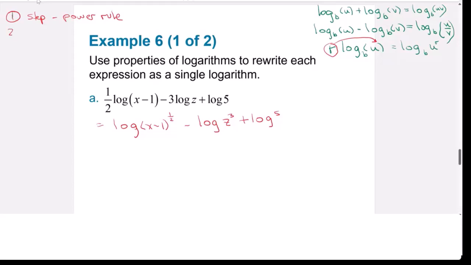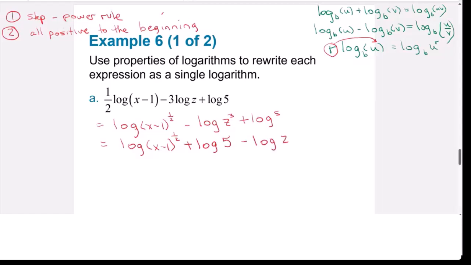What I'm going to do for my second step is I'm going to take all positive to the beginning. I'm going to rewrite this as the log of x minus 1 to the 1/2 plus the log of 5 minus the log of z to the 3rd power.